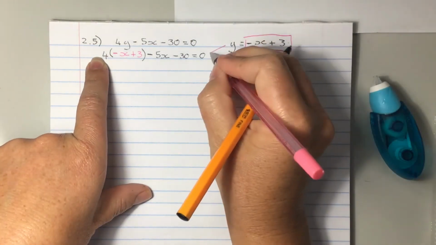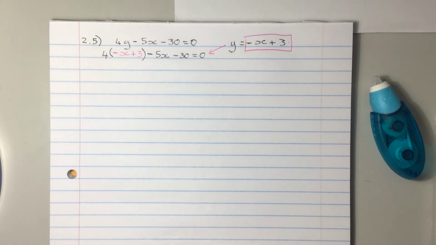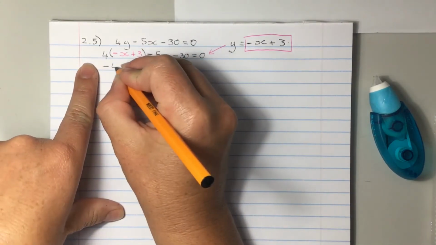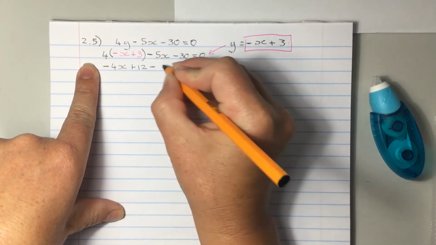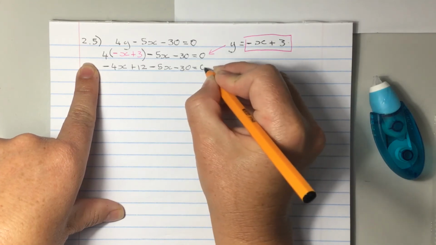And just to remind myself what I did. Okay, and now we're going to solve for x. So I'm going to distribute 4, which gives me -4x plus 12 minus 5x minus 30 is equal to 0.